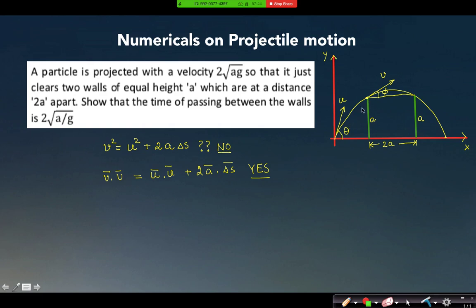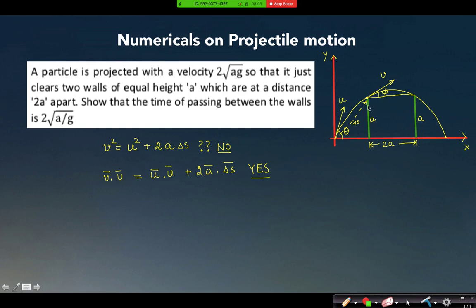When the particle is here, right? So this delta s is this part. Can you understand? This is the delta s. Yes or no? Its displacement is this one.